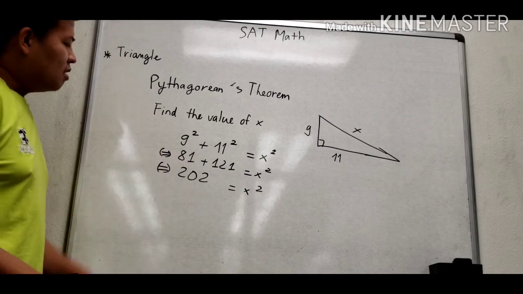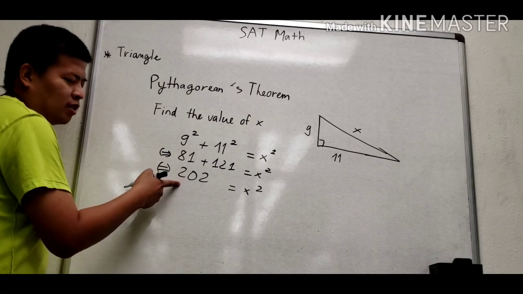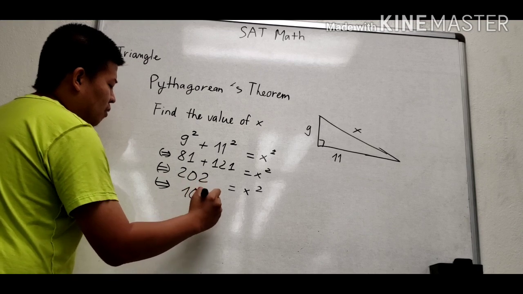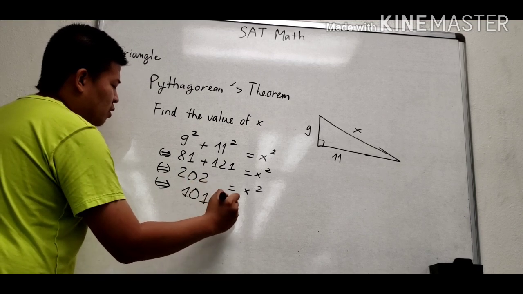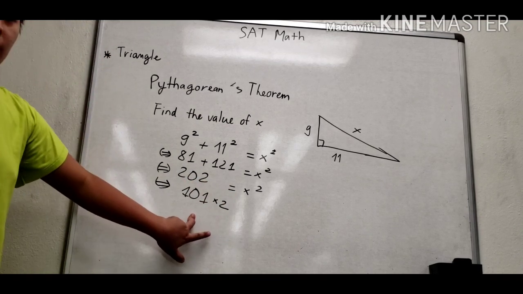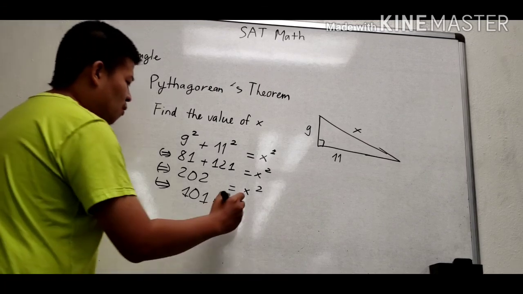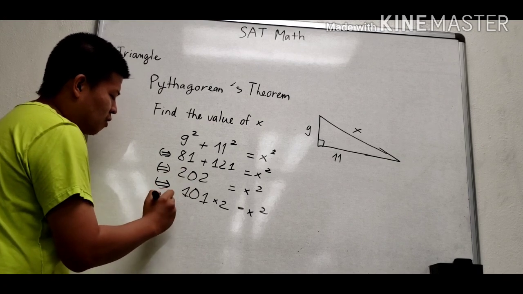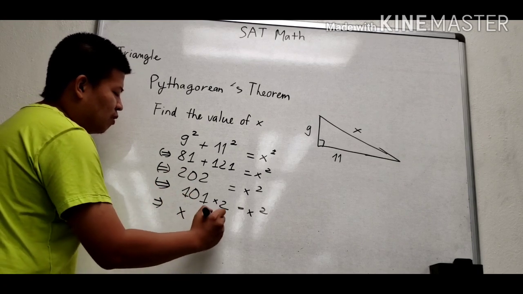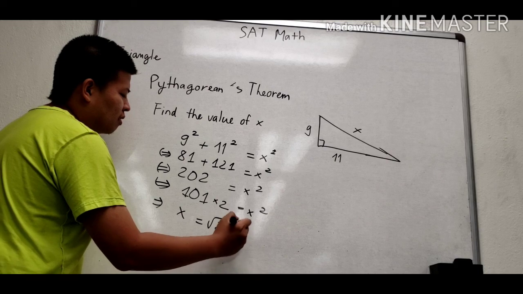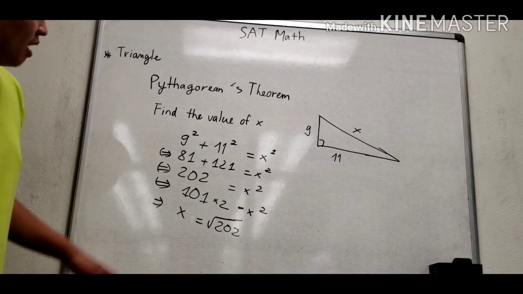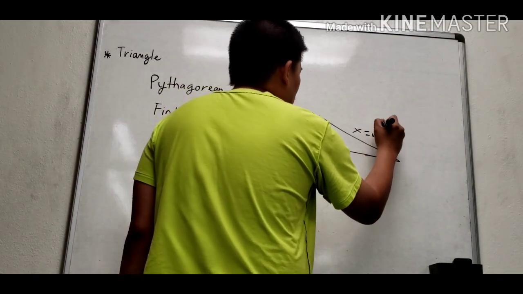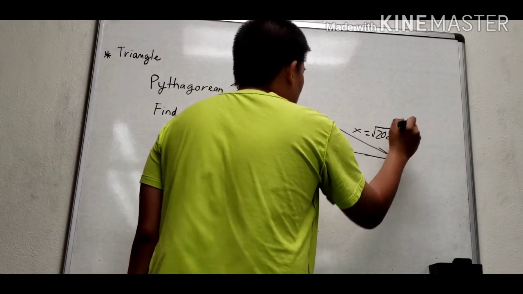And you can see that 202 is 101 multiplied by 2, so it is not a perfect square, so when we take the square root, s equals the square root of 202.